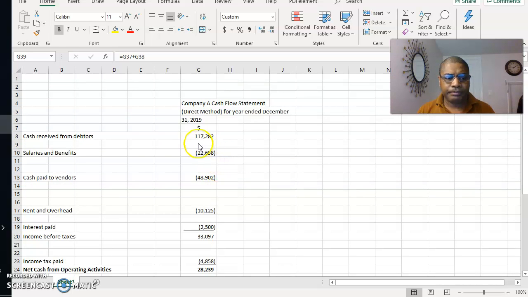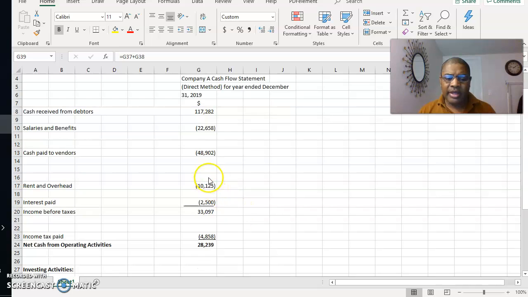We take the cash received from debtors and we put it in the cash flow, the salaries and benefits, the cash paid to vendors, rent and overhead expenses generally, and we deduct them, interest paid, then the income tax paid.